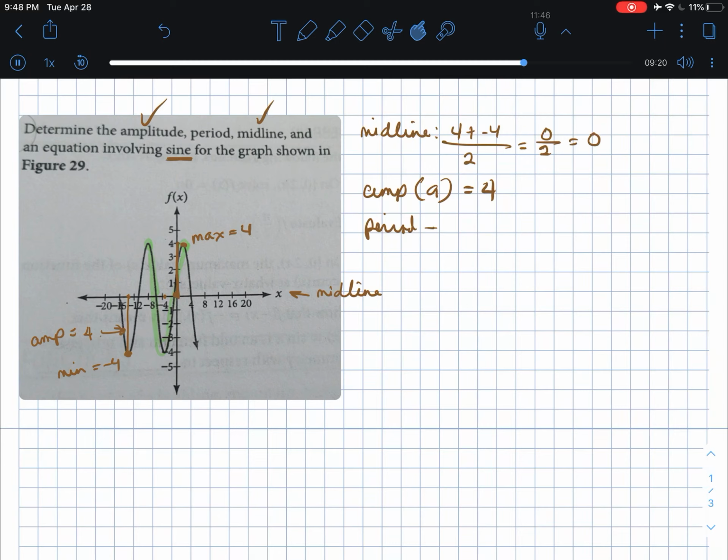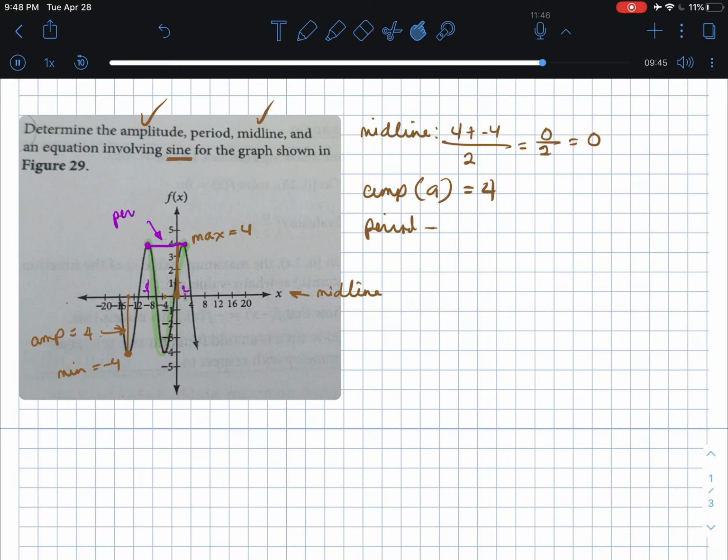Okay, and it looks like this is a -8 and this is a 2. So this point here looks like the x is -8, and then over here it's a 2. So that means the distance from here to here is 10.